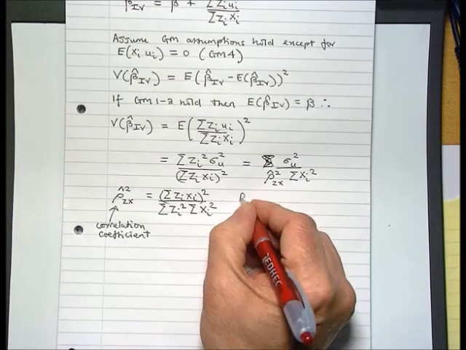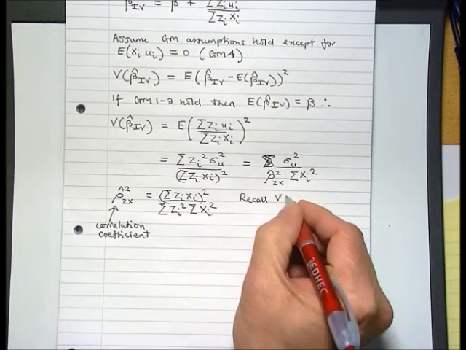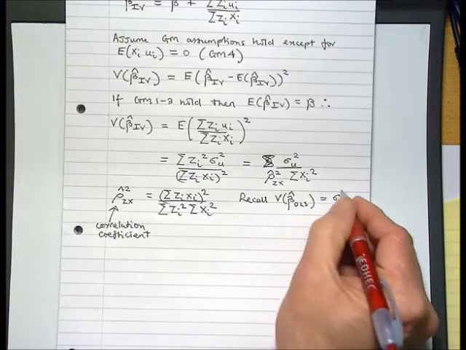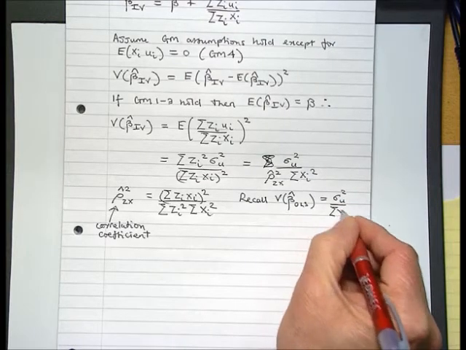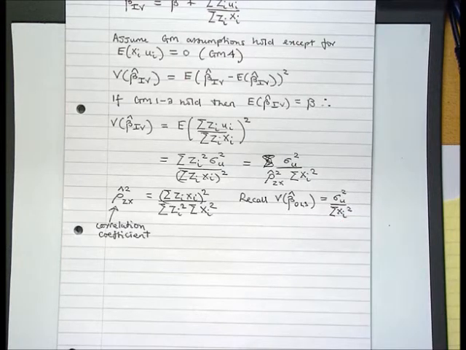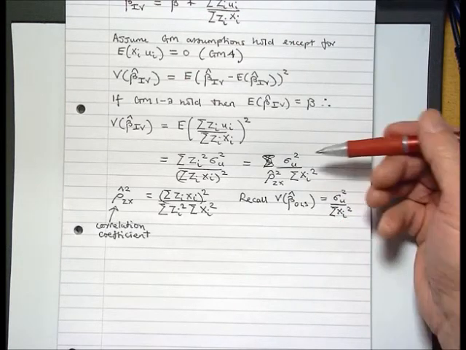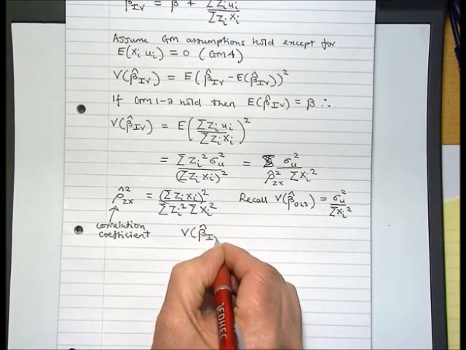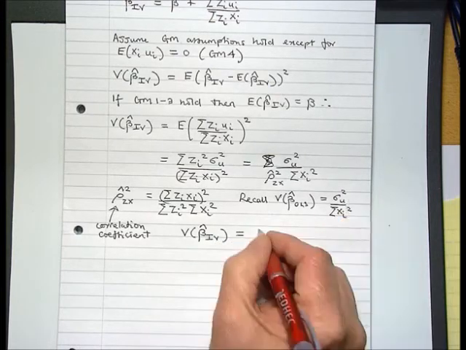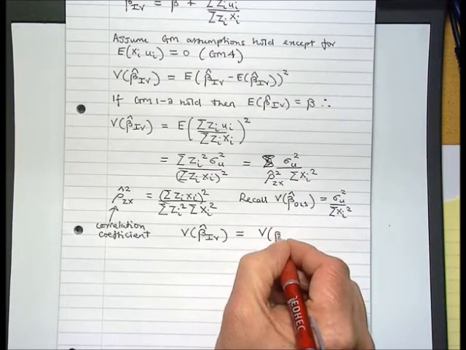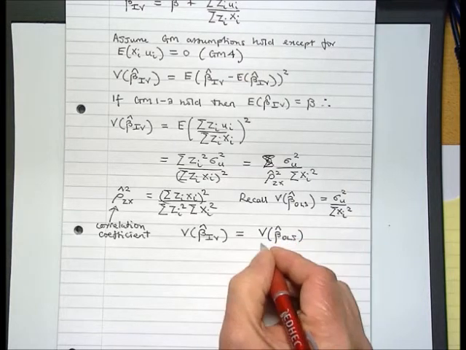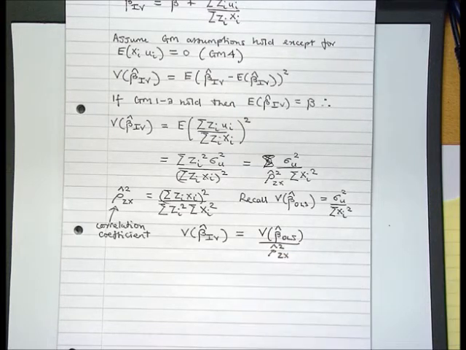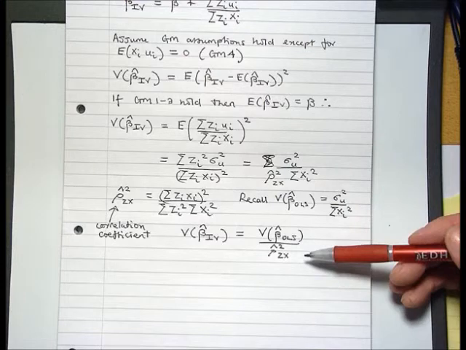Okay. Now, what we can recall as well from last semester is that the variance of the OLS estimator is equal to sigma squared u over the sum of xi squared. So we can write the variance of the IV estimator as being equal to the variance of the OLS estimator divided by rho hat squared zx.